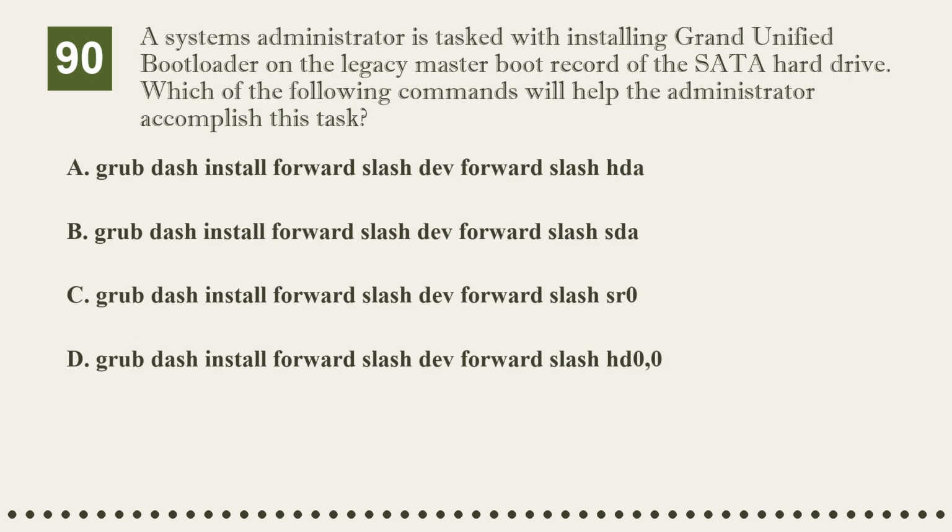Question 90. A systems administrator is tasked with installing Grand Unified Bootloader on the legacy master boot record of the SATA hard drive. Which of the following commands will help the administrator accomplish this task? Option A. grub-install /dev/hda. Option B. grub-install /dev/sda. Option C. grub-install /dev/sr0.